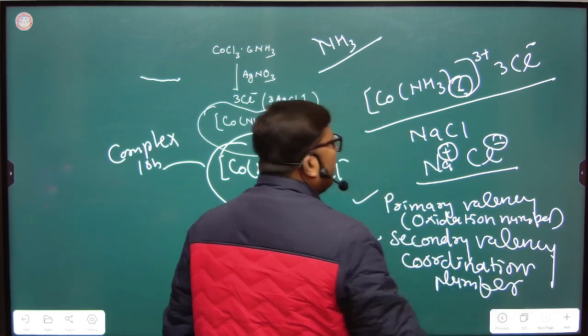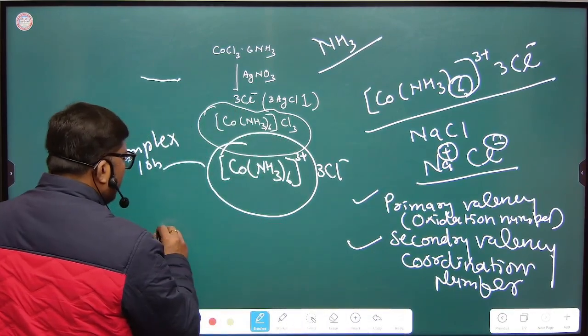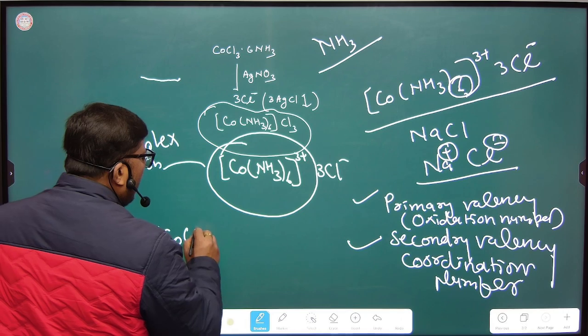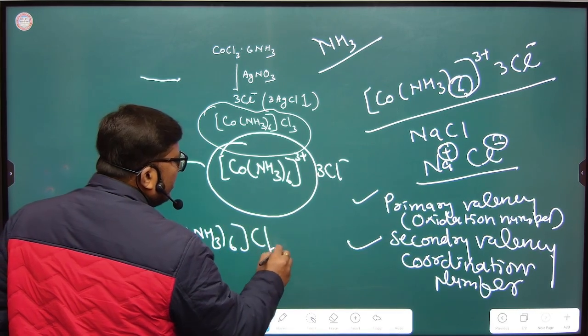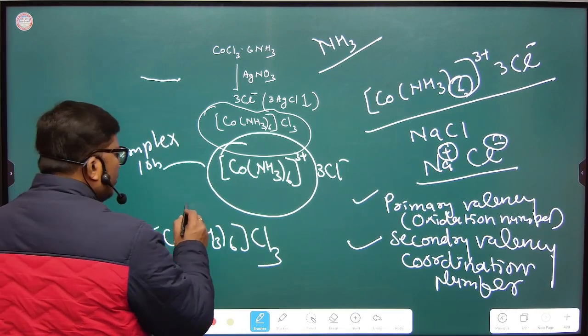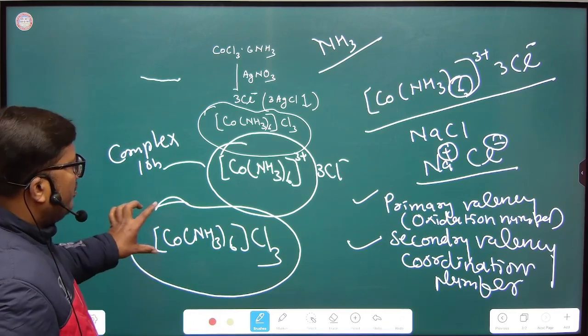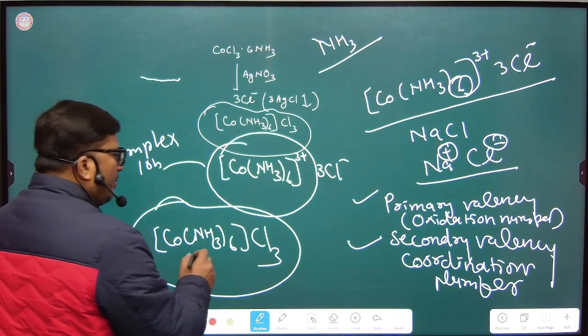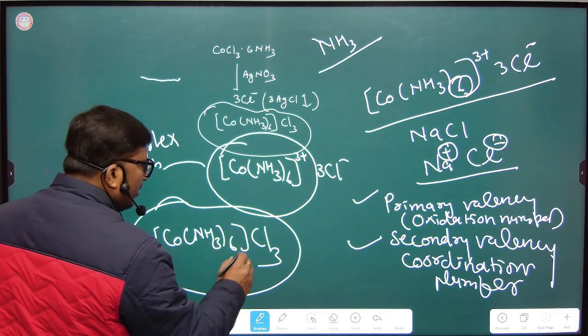It means this compound exists as [Co(NH3)6]Cl3, with Cl3 outside of the sphere. So this is the real structure of the coordination compound, and here the primary valency of cobalt is plus 3.